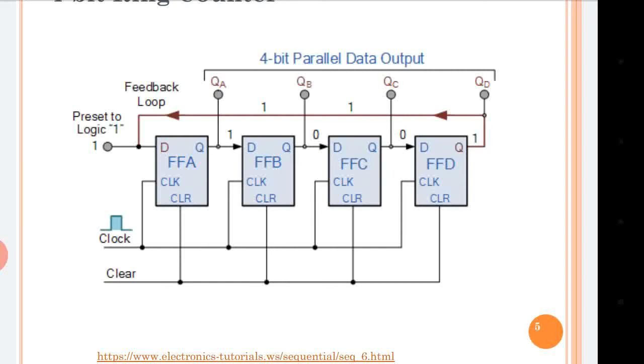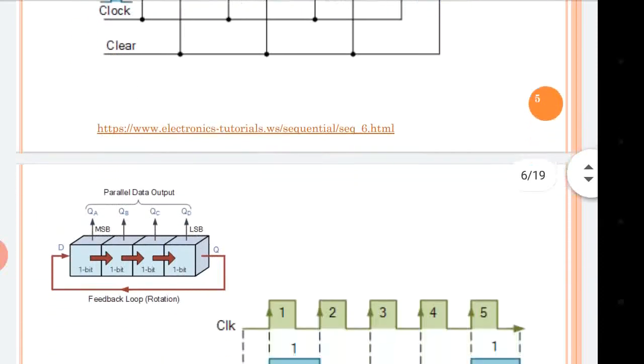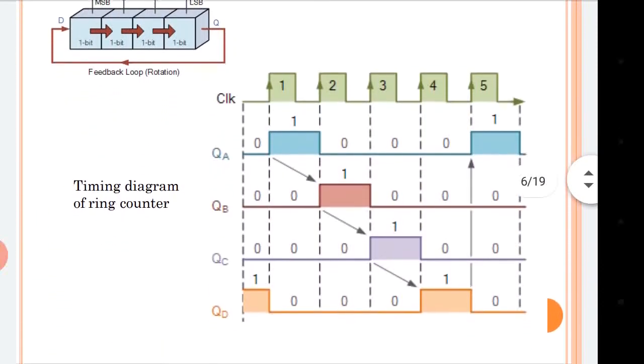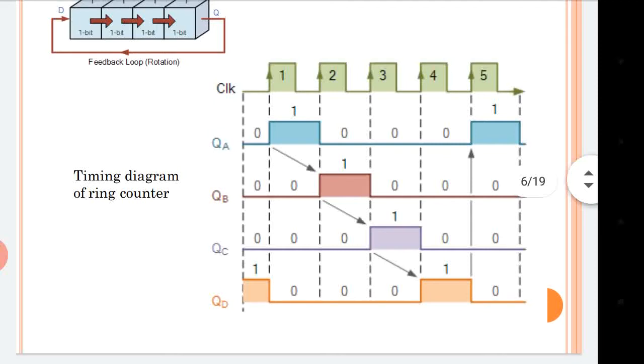So you will observe in the truth table on the next page, observe here the diagram. QA is 1, and all the other outputs are 0 at the first clock pulse. You can observe the first rising clock pulse, observe vertically. Initially QA, which is denoted by blue color, is 1, QB brown color is 0 for the first clock pulse only.